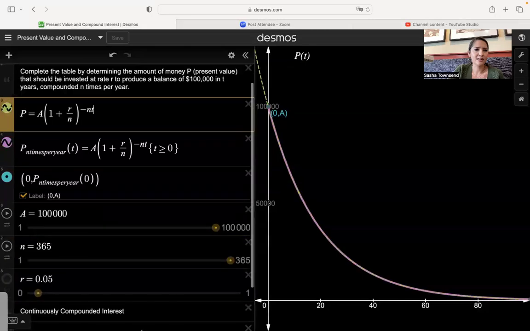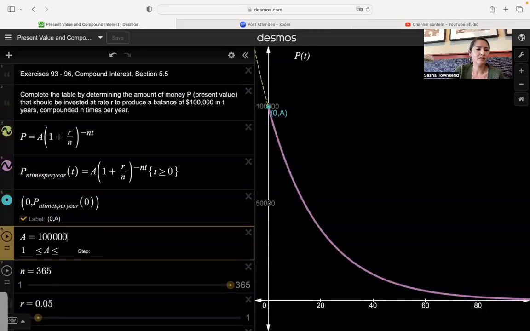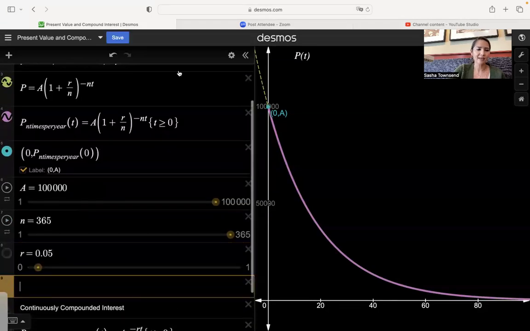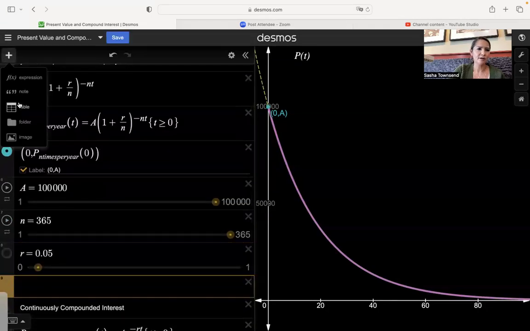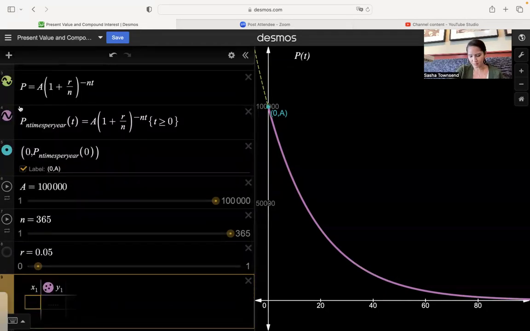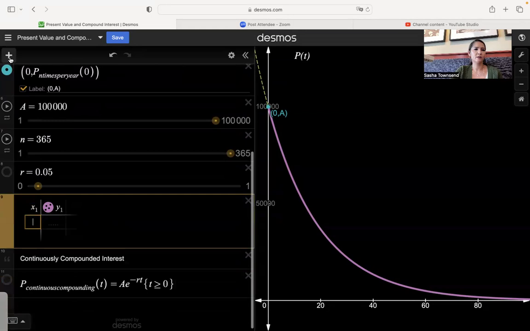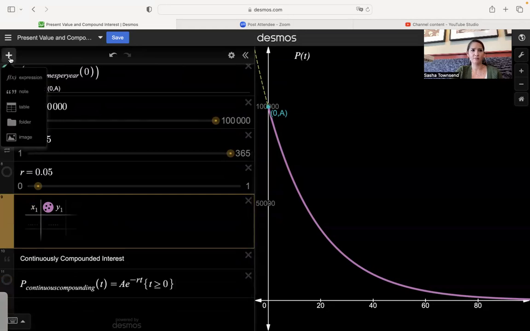We've got that. And the question asks us to complete a table. So let's type in our table. The table in your textbook is just asking us for that present value, the amount that we should deposit right now for T years. In order to create that table, we go to the plus sign in the top left-hand corner, then select table, it's the third one on the list, and it gives you this X1, Y1.